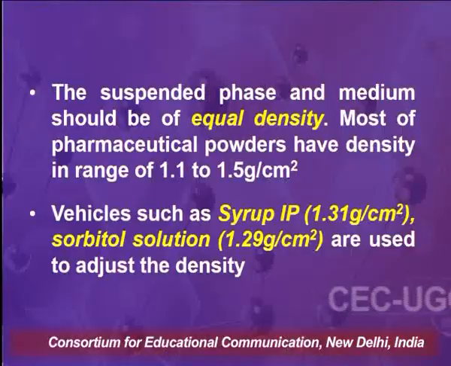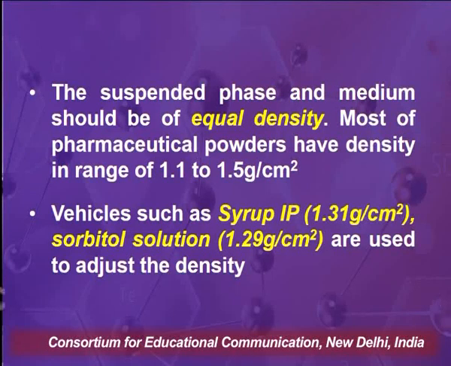Generally, the drugs which are the pharmaceutical powders or the insoluble powders, which are the active ingredient in the suspension dosage form, fall within a density range of 1.1 to 1.5 gram per centimeter cube. It is a very generalized statement to mention that all pharmaceutical drugs generally in solid form have a density in this range.